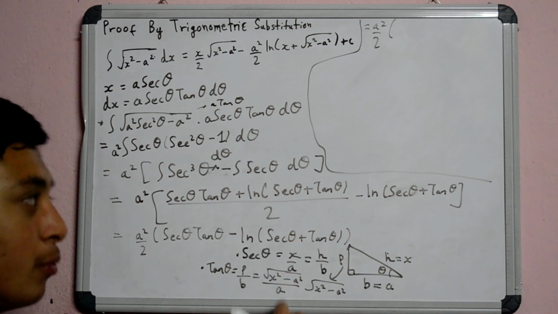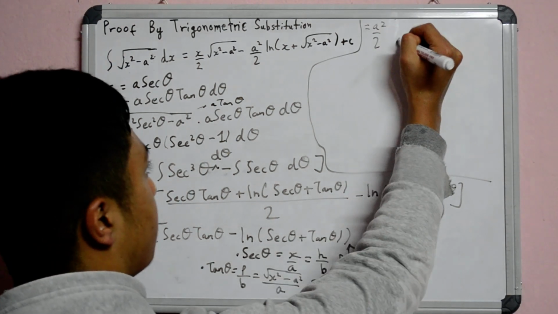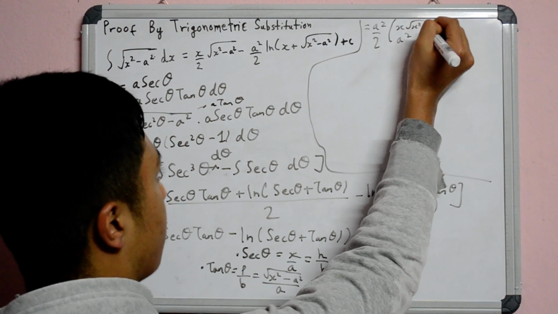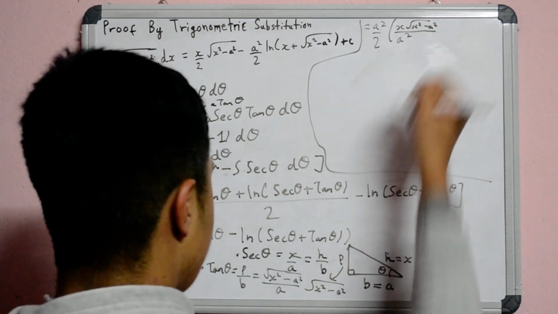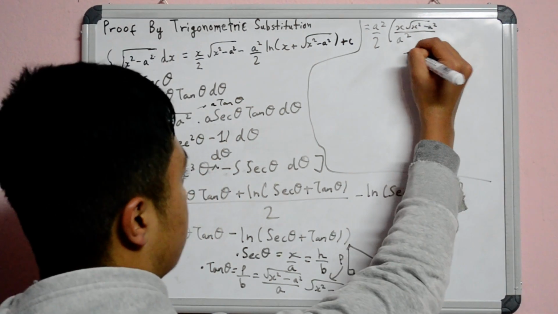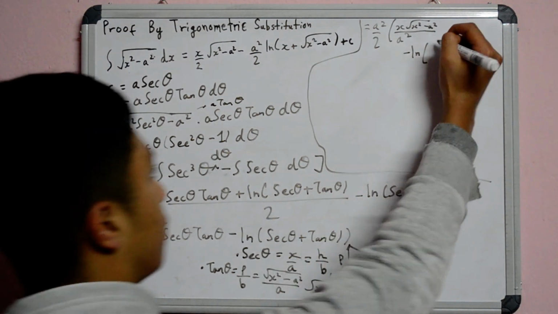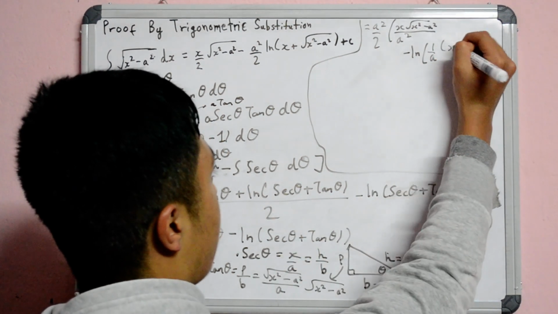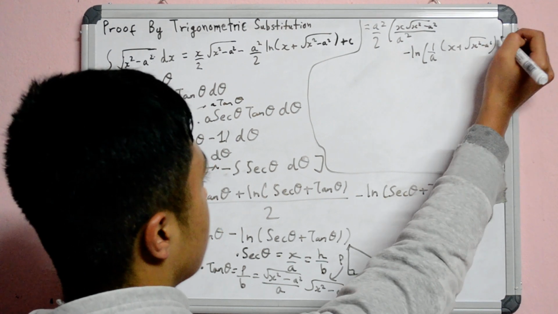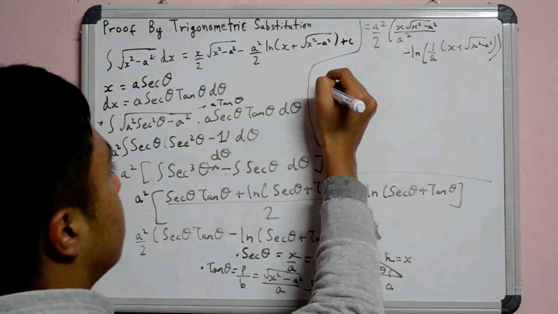So in the denominator we get a square, and in the numerator we get x root x square minus a square, minus the log of, we can take 1 by a common from here, 1 by a into x plus root x square minus a square, big bracket.